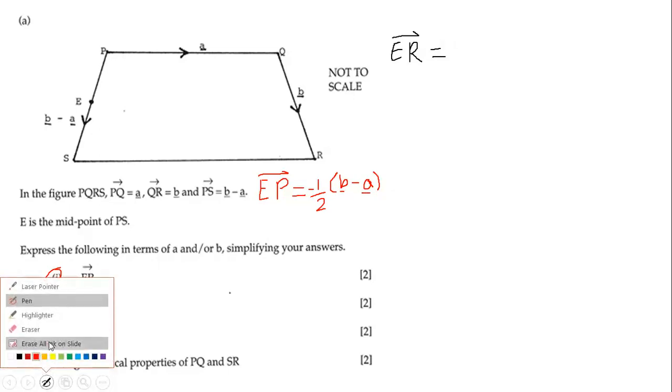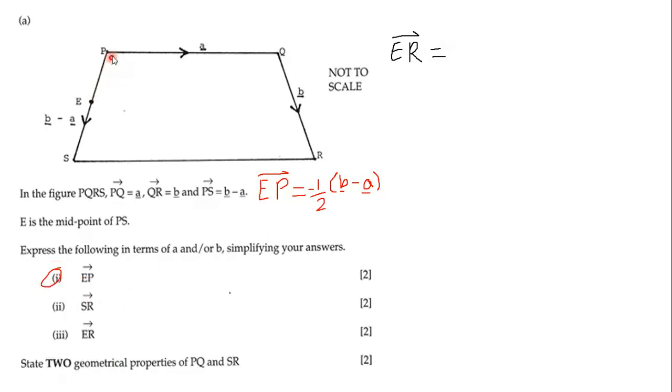We can see that because notice that this is EP right here, and the line segment EP is half of PS because E is the midpoint, E is the middle, all right? And because we're going in the opposite direction, we have the negative. So the vector EP is equal to negative a half of B minus A.